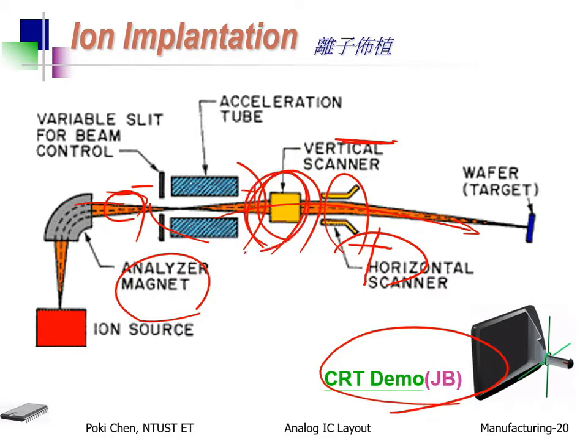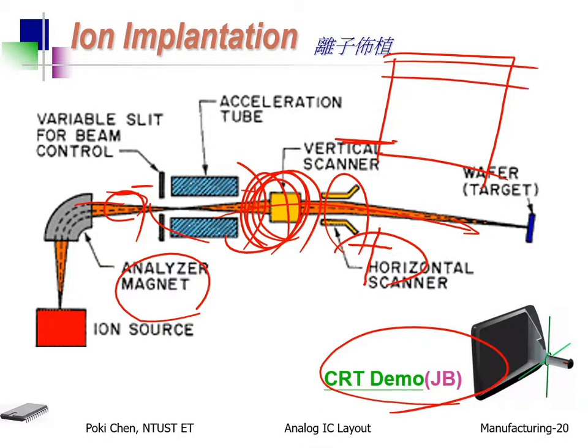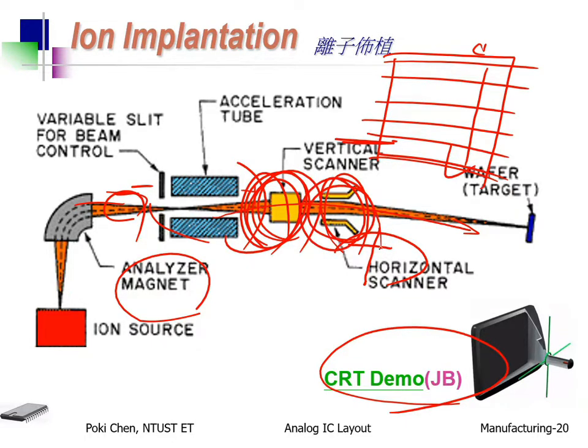For the top one, if this is your chip or your wafer, I don't care. For the top-to-bottom one, you will control from here to there. And how about the sidewise? To scan from the left to the right. That's it. 1, and then 2, and then 3. I have no idea, but that is the so-called scanning.